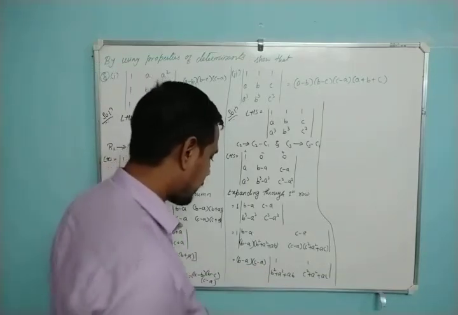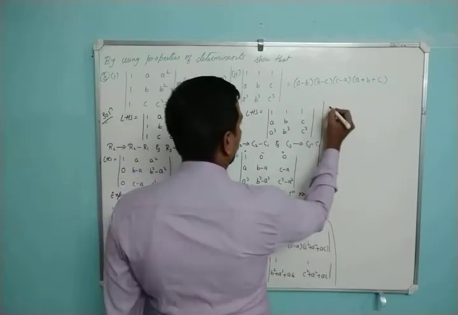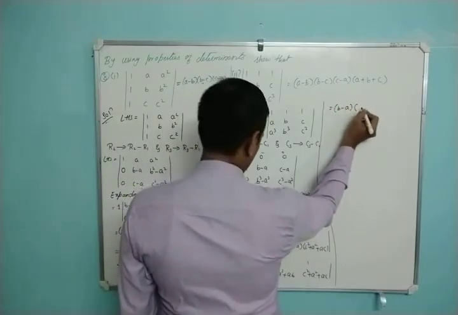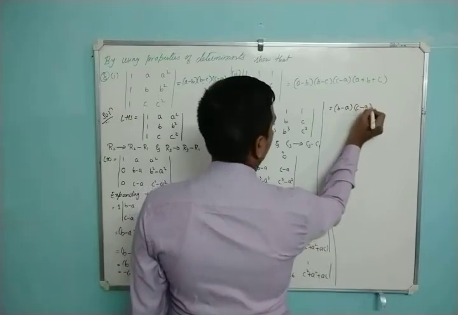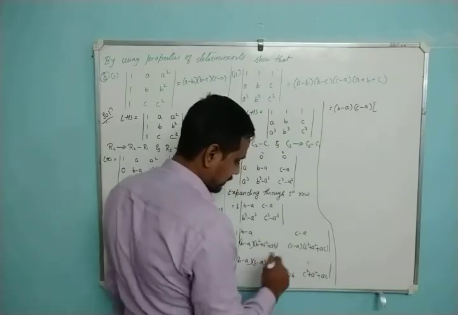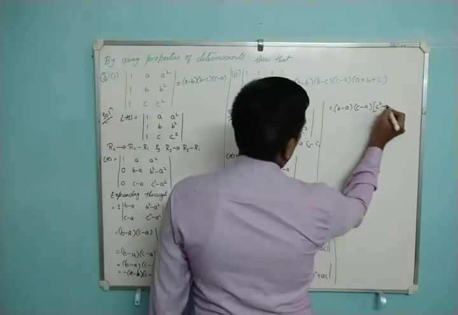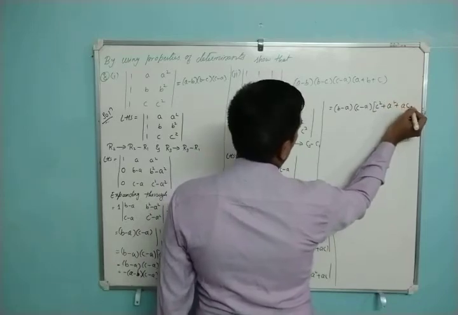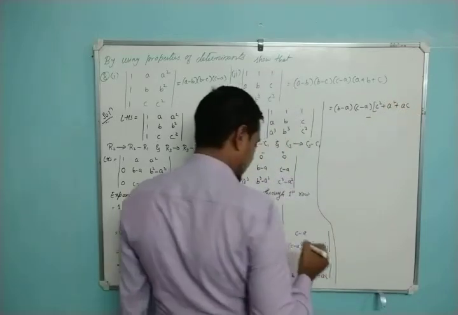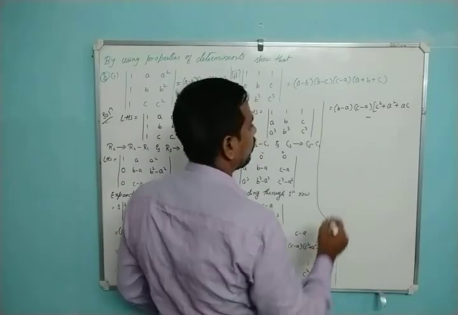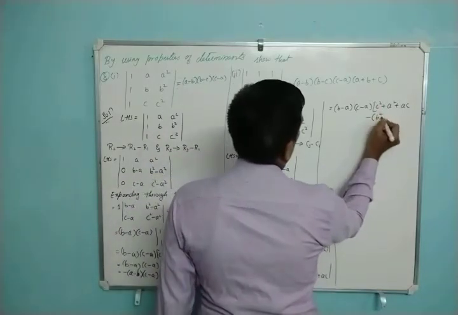If I solve this determinant, what will be left? B minus A into C minus A into 1 into C square plus A square plus AC, minus B square plus A square plus AB into 1.